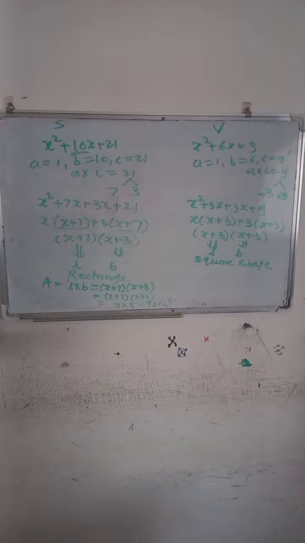Now one more MCQ is given. A case based question is there. In a school auditorium, the seats are arranged in rows and columns. The number of seats in the auditorium is expressed as x square plus 23x plus 132.